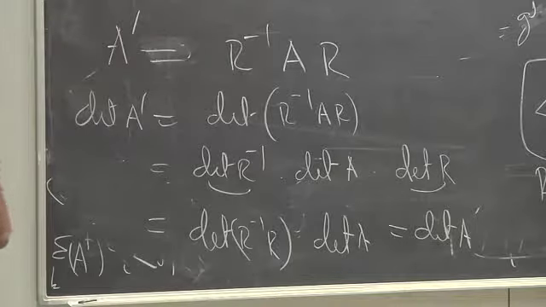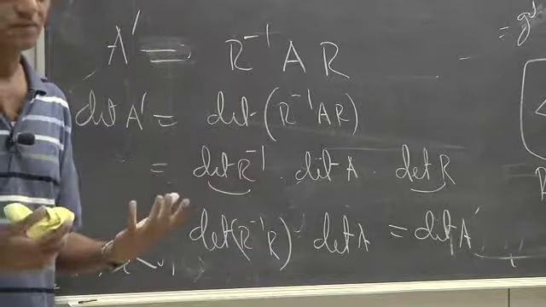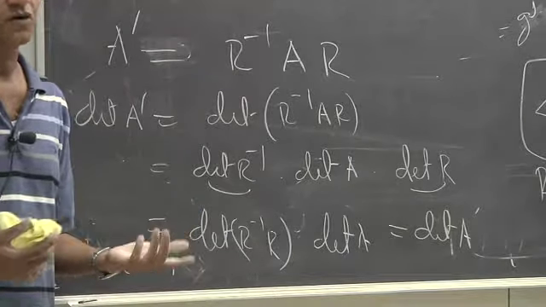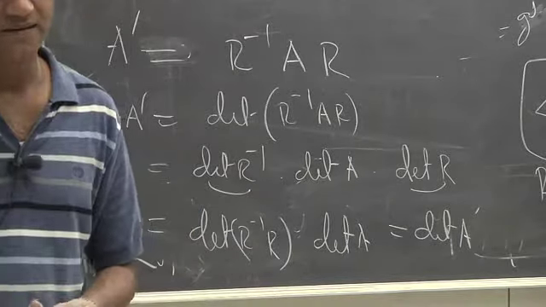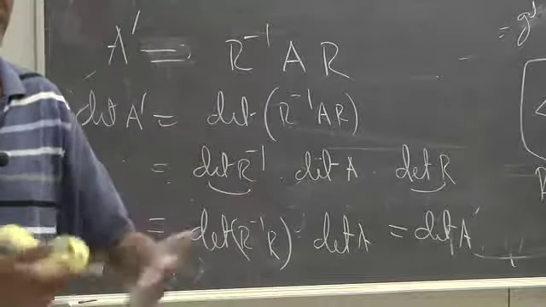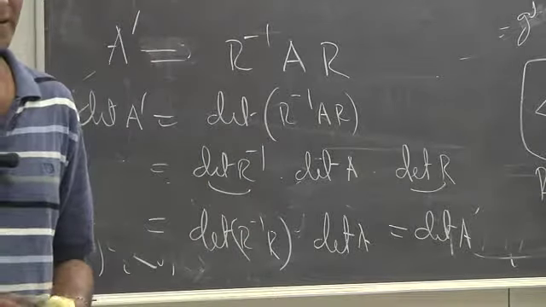Such quantities which do not transform under a change of basis are called scalar quantities. This is a scalar, invariant under a change of basis.